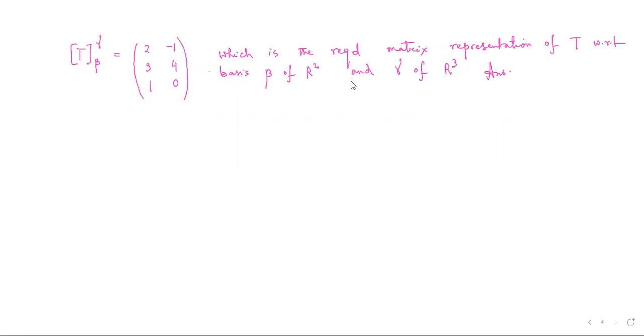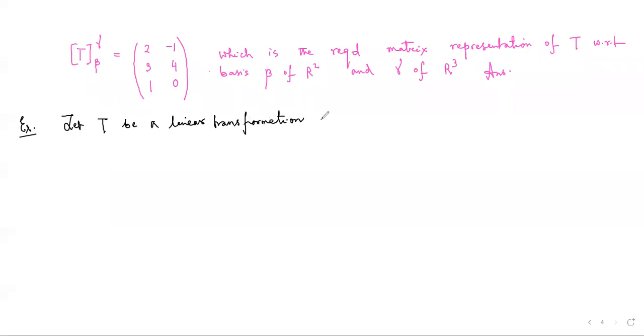Now, if you have understood this, tell me, I'm giving you another transformation. Let T be a linear transformation. You don't have to check whether it is a linear transformation or not; I have already done that for you.